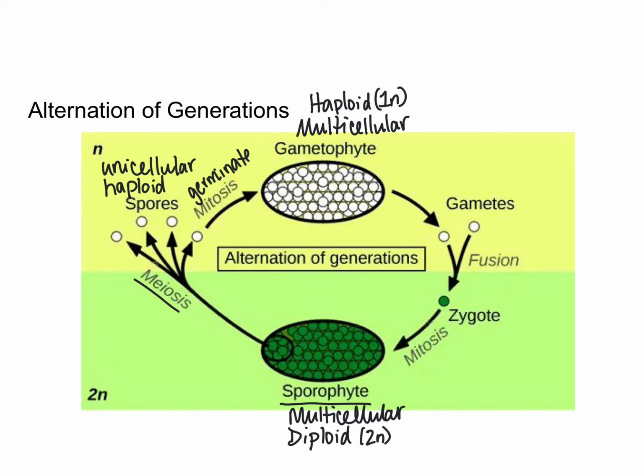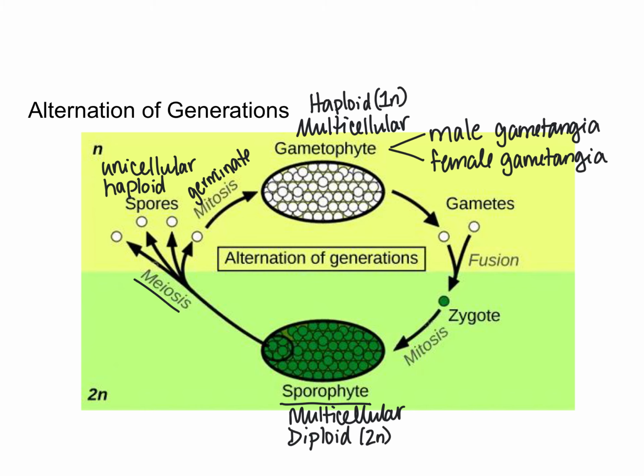Now, the gametophyte might have male and female gametangia associated with it. And we'll talk about these a little bit more in detail when we talk about some more specific life cycles. But you can essentially think of these as kind of like the gonads. So these are the organs that are producing the gametes.